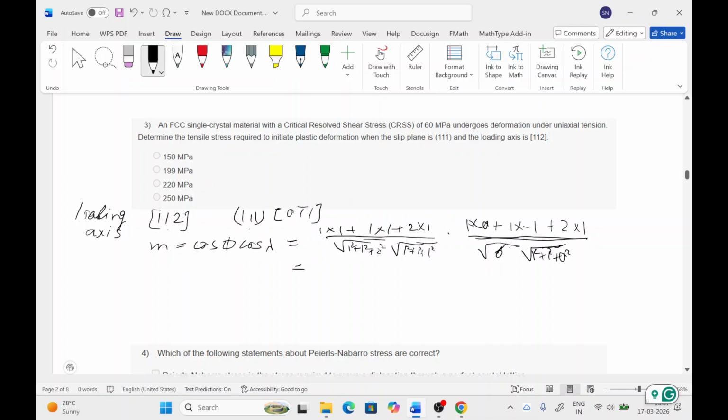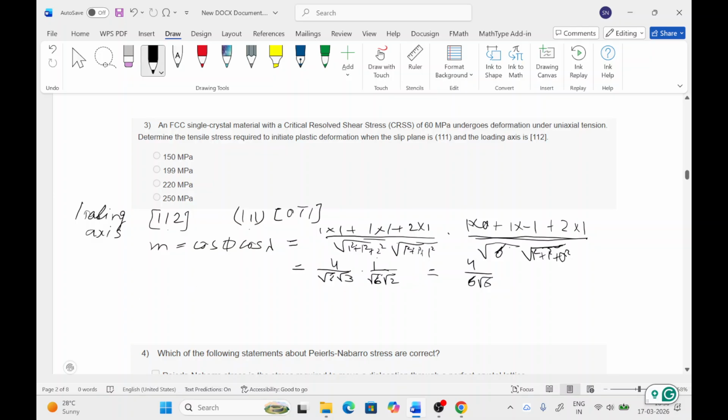So this will be 4 divided by root 6 and root 3, and multiplied by 1 by root 6 and root 2. So this will be 4 by 6 root 6. So this is the Schmidt factor.